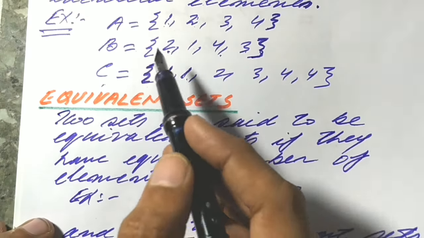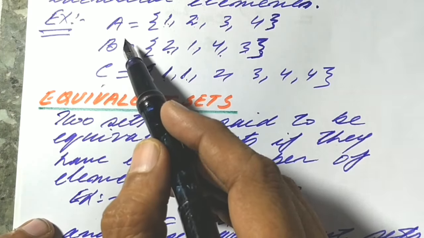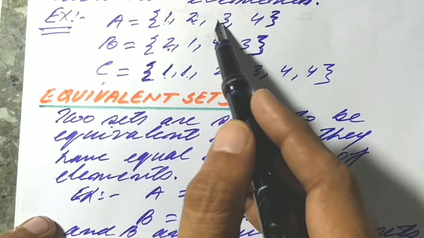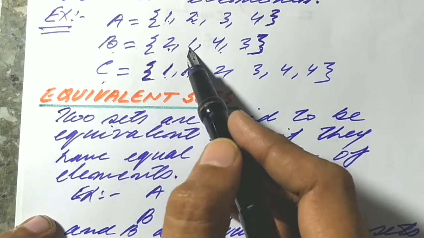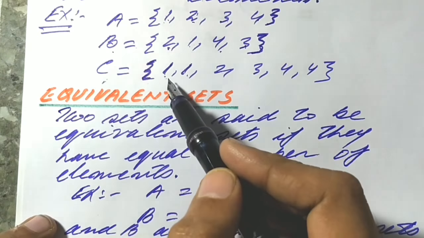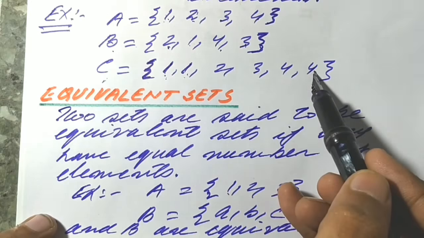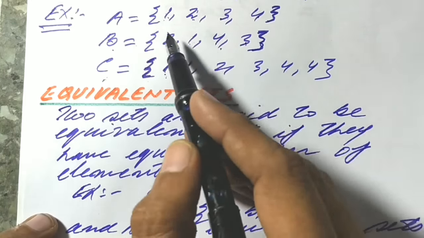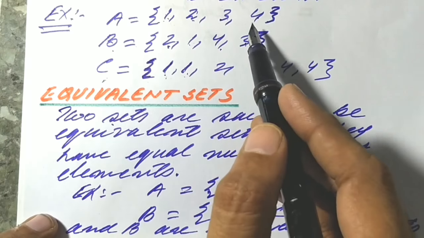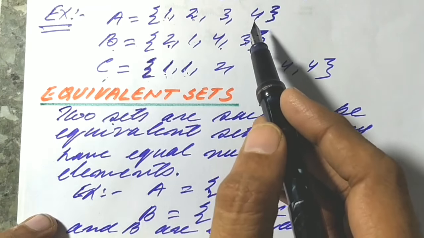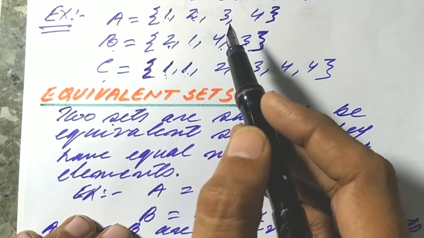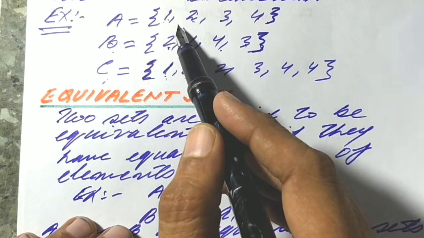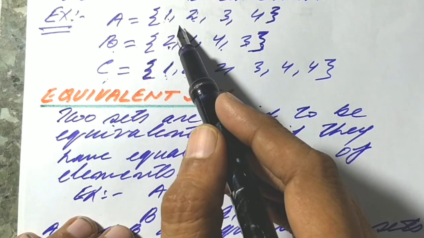So let us talk about equal sets with the help of some examples. I have taken three sets. A set is 1 2 3 4, B set is 2 1 4 3, C is 1 1 2 3 4 4. These three sets are equal though their elements are written in a different sequence. In the case of a set, the sequence of the elements is not taken into account.